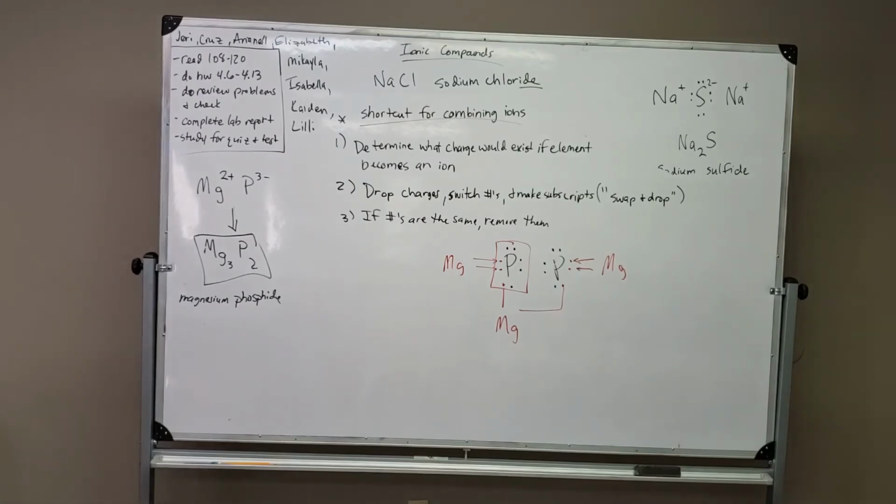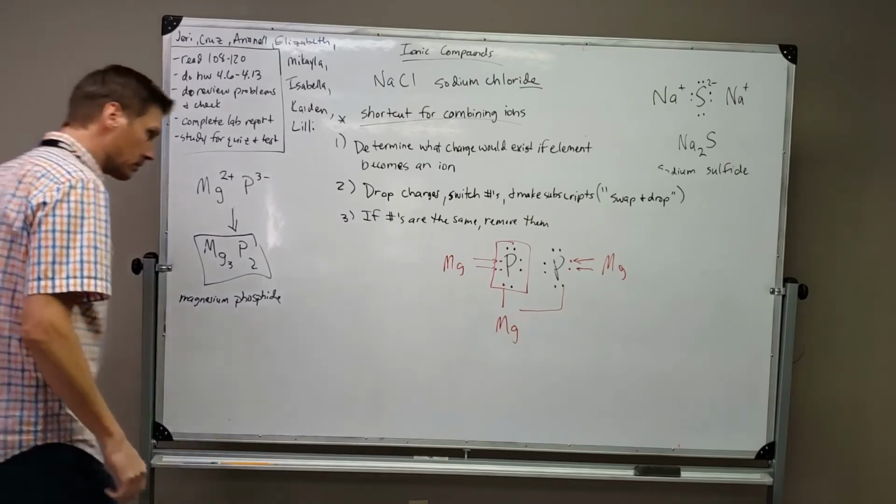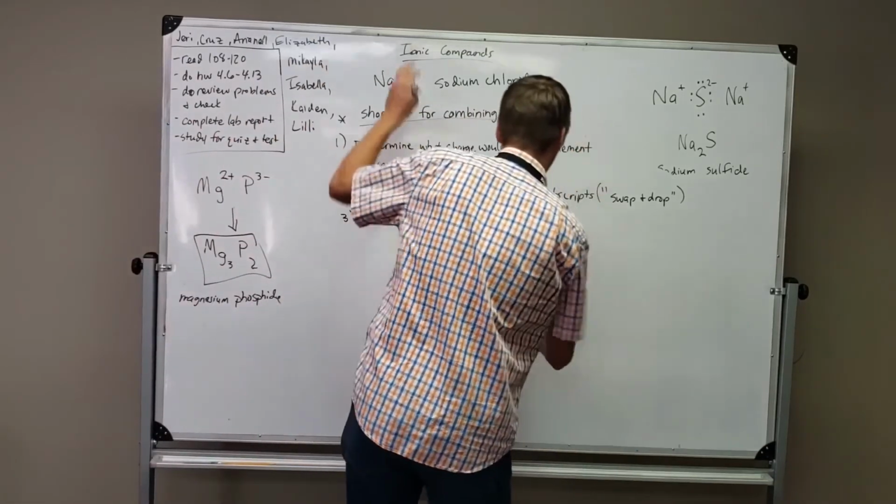Let's see. So let's do some examples on page 116, example 4.4. What is the chemical formula and name of the ionic compound formed between magnesium and fluorine? All right, magnesium and fluorine.